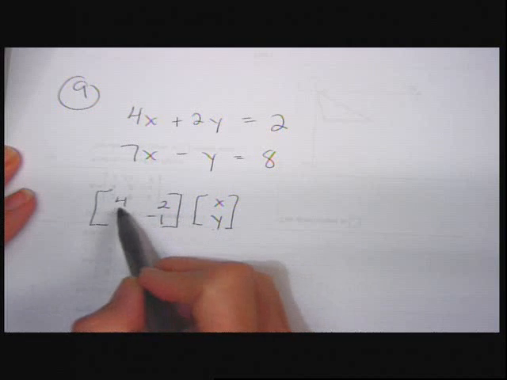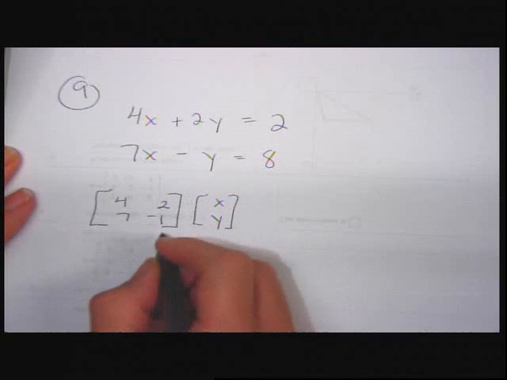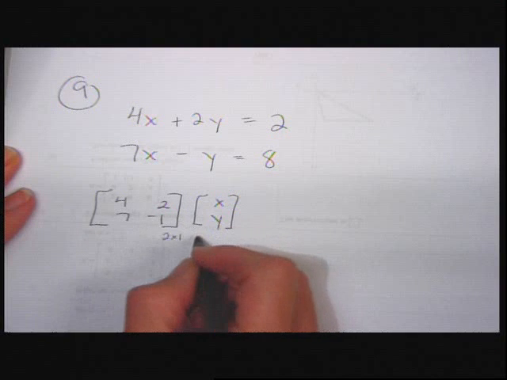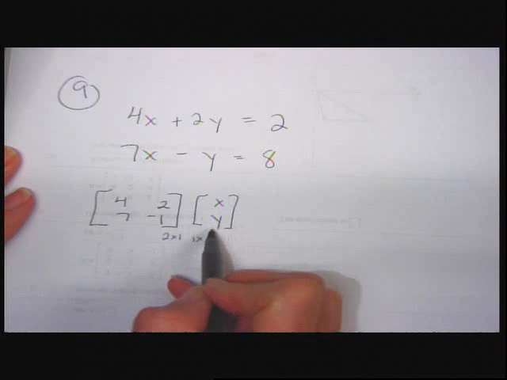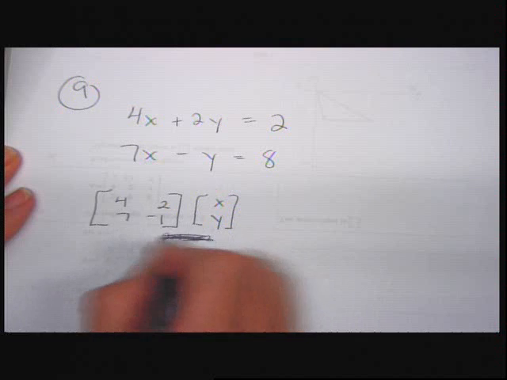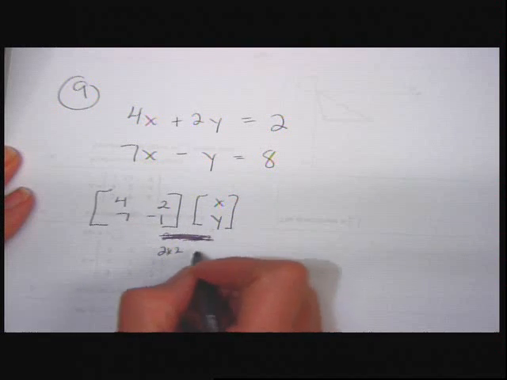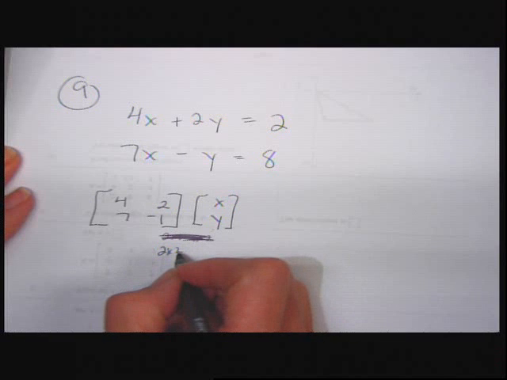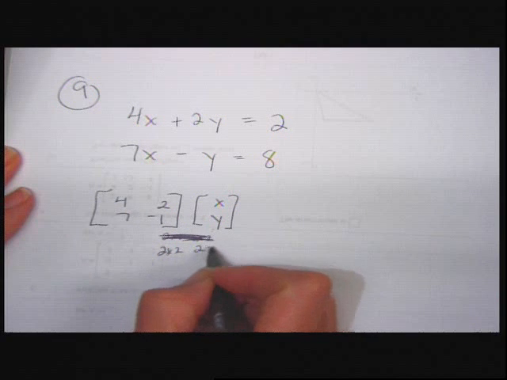So you can imagine that if you were to multiply this, this is a 2 by 2, so 2 rows and 2 columns, and this is a 2 by 1.